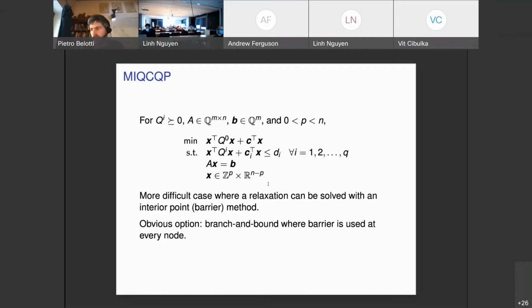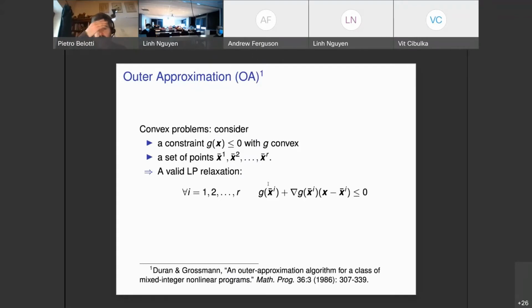But if you have to repeat the same solve through every branch and bound node problem, this is very inefficient. And so what I just said is not only theoretical, but it's verified in practice, and it's true most of the time. So what is actually done is a slightly different technique that actually turns out to be a lot more efficient, which is called outer approximation.